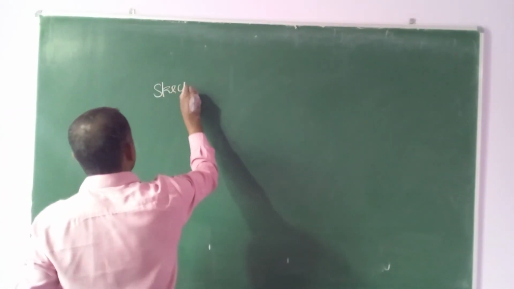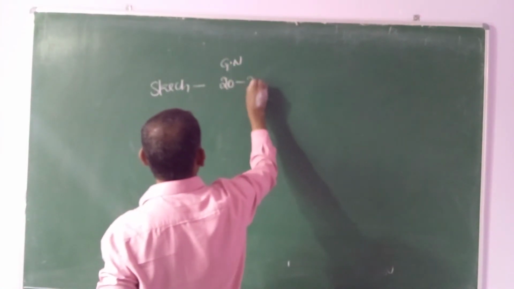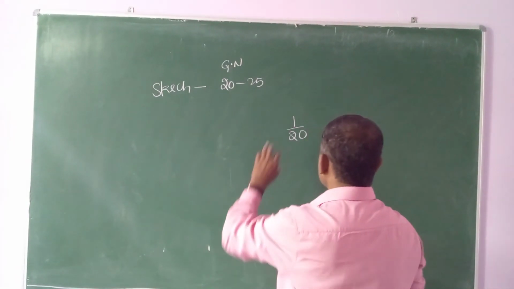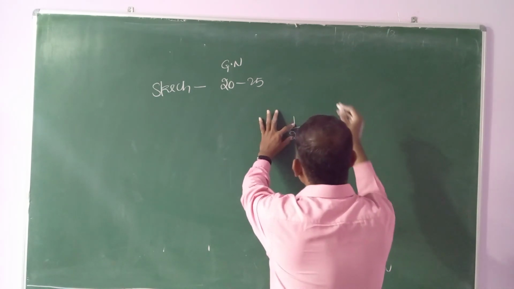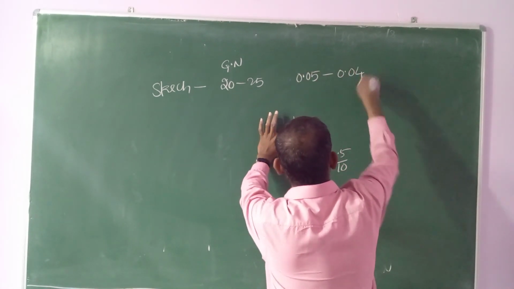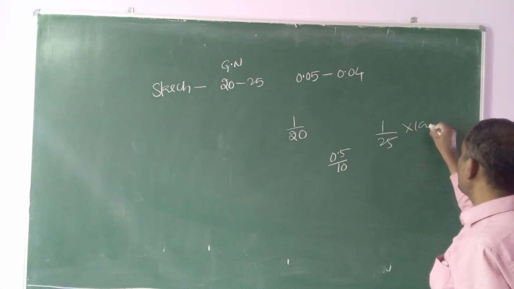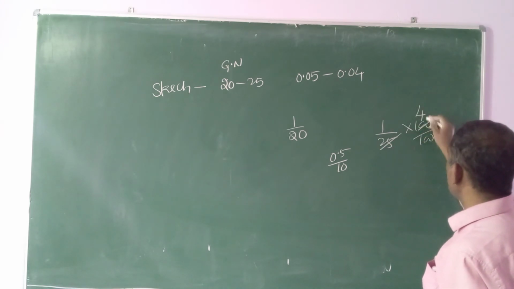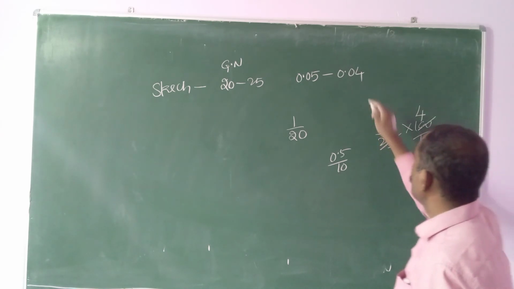Starch gold number, what? 20 to 25, and reciprocal values 1 by 20, which is 0.05, and 1 by 25, which is 0.04.